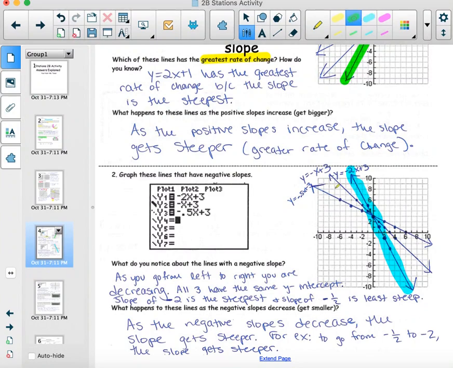The least steep, I'm going to highlight that in green. That's our least steep slope. Okay, so as the negative slopes decrease, as I go from -0.5 to -2, the slope is getting steeper.